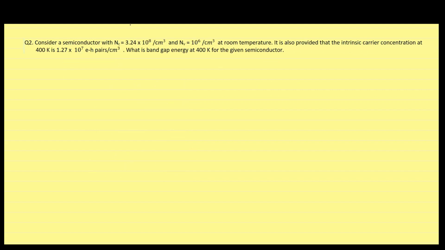The data which is provided in this question is Nc equal to 3.24 into 10 to the power 8 per centimeter cube. Nv is provided to be equal to 10 to the power 6 per centimeter cube. As the semiconductor is kept at room temperature, we can assume temperature to be equal to 300 Kelvin.